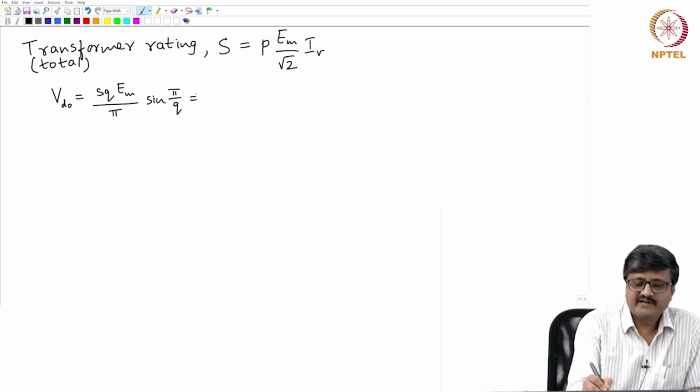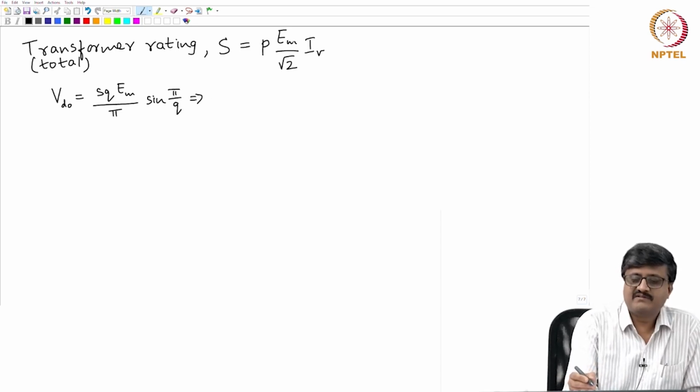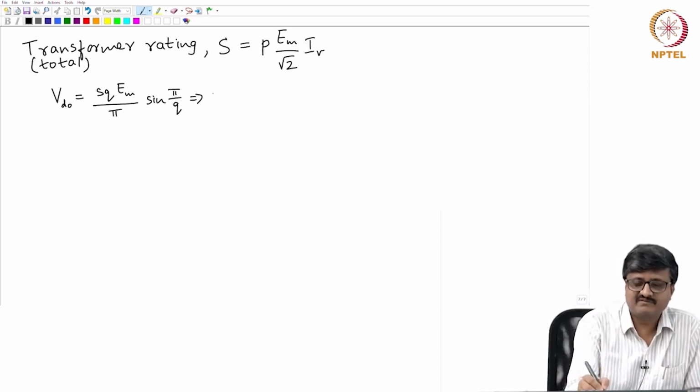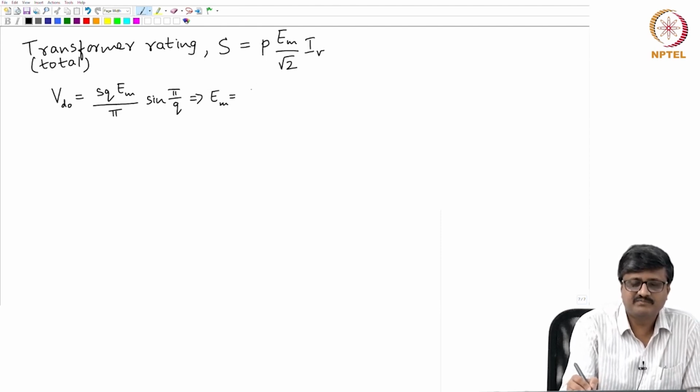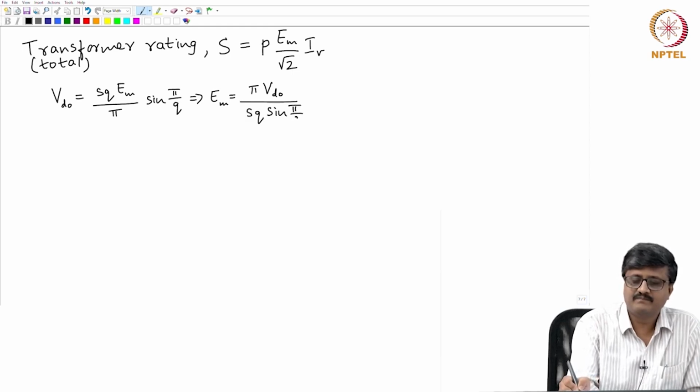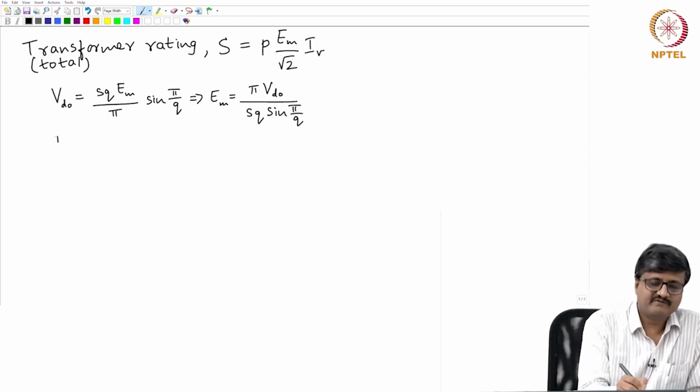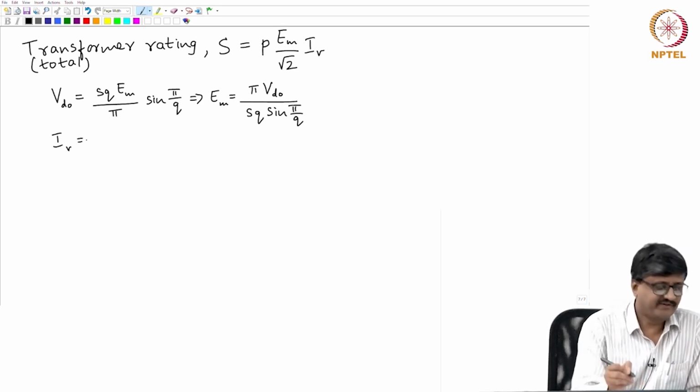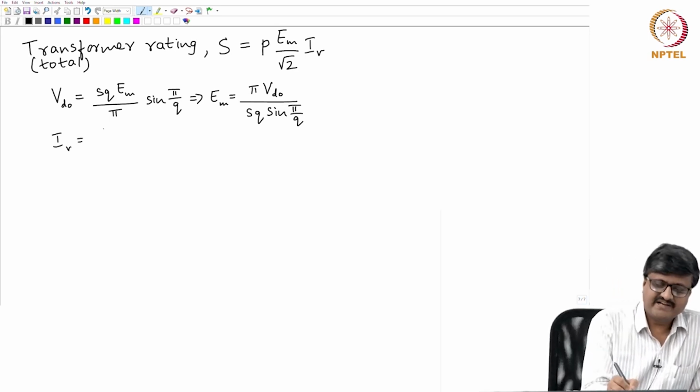So, we will substitute the expression for EM using this equation. So, this gives EM is equal to pi VDO divided by SQ sin pi by Q, and we just now derived the expression for IV, ID by R root Q.